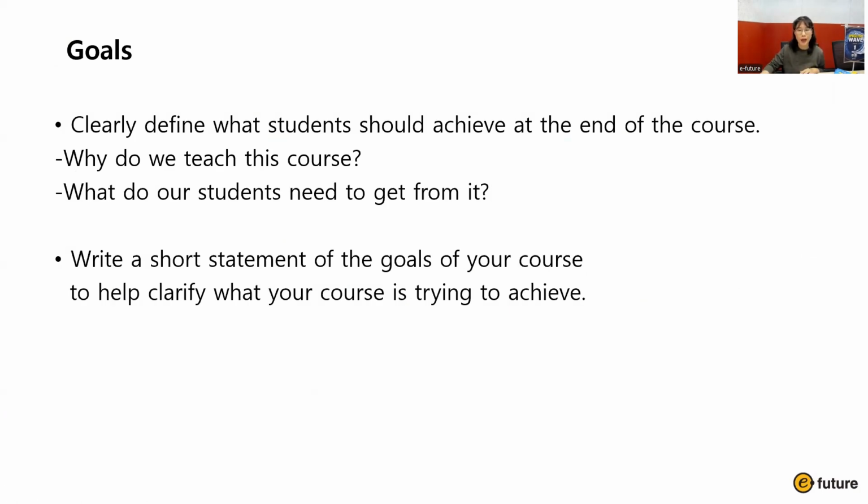You have your own course, and you probably have your own school. So write down a short statement of the goals to help clarify what your course is trying to achieve. And this will help you choose the books that will achieve these goals.